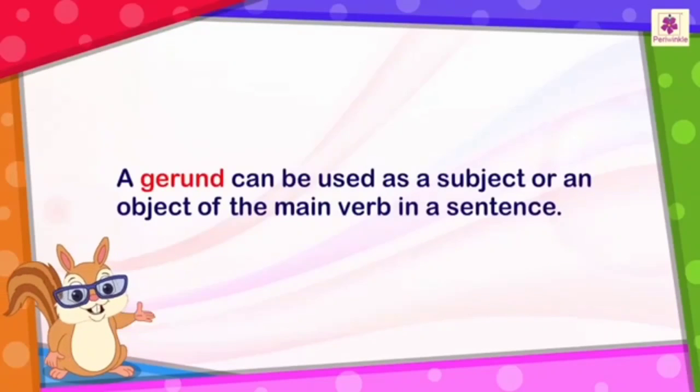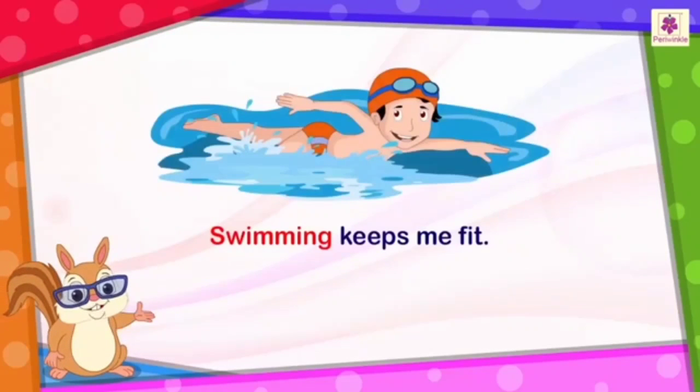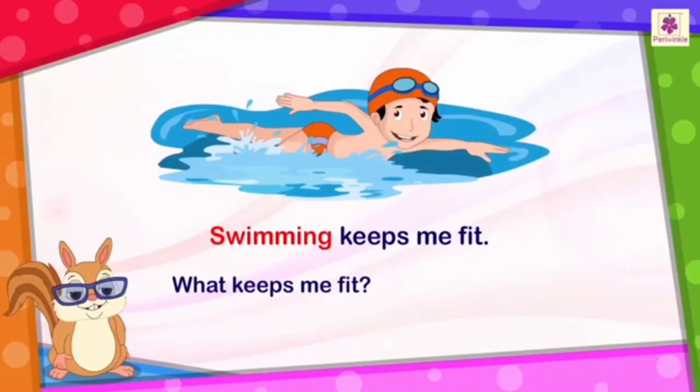A gerund can be used as a subject or an object of the main verb in a sentence. It answers the question what. Look at the example here. Swimming keeps me fit. When you ask the question what keeps me fit? The answer: swimming keeps me fit.